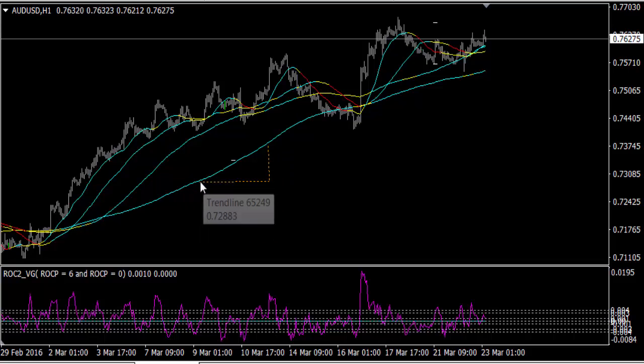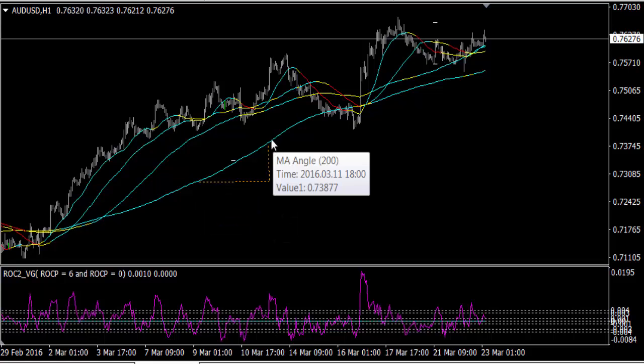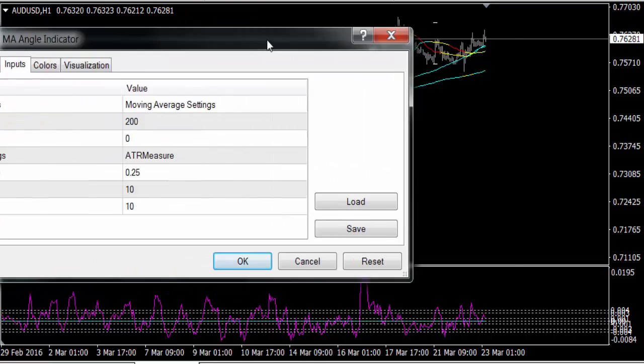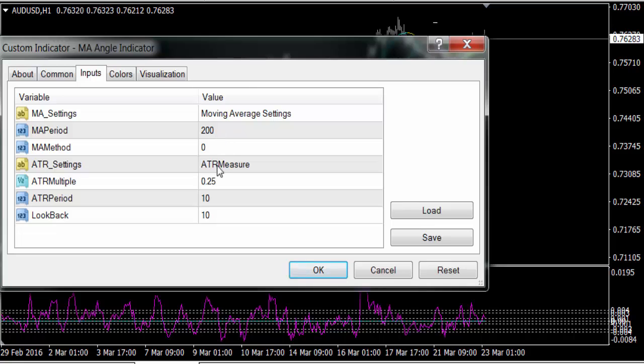So we've got a look back period here, which is along the bottom, which is usually about 10 bars. And we've got a y-axis here, which is calculated by an average true range. So the formula really goes like this: if the 200 period moving average is greater than 0.25 ATR10, with a look back of 10 periods, then it will become blue.